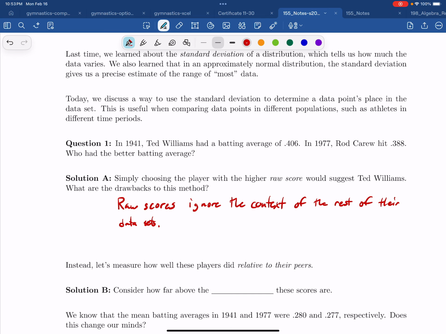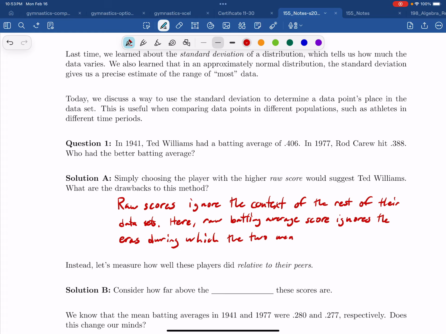So in this case, I should just say raw batting average score ignores the eras during which the two men played.